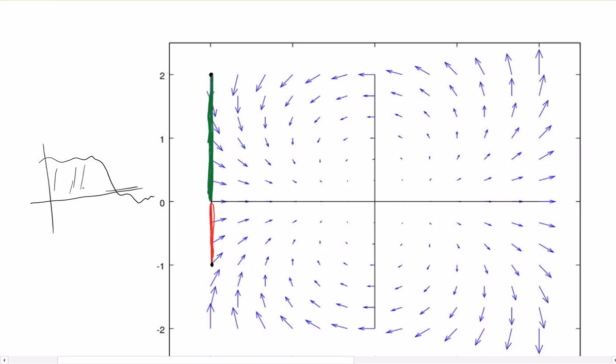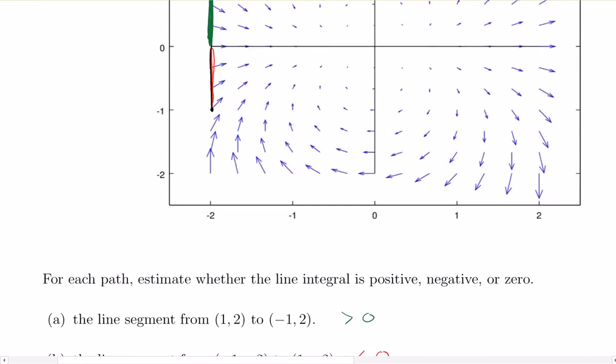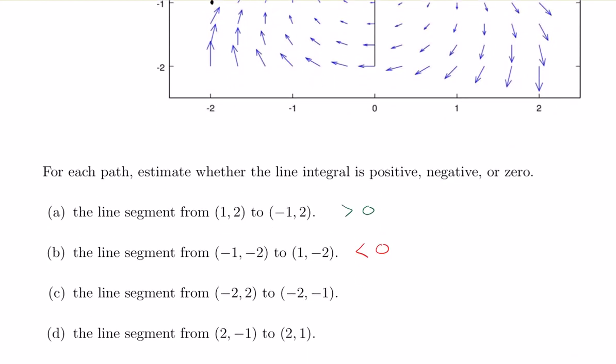If you integrate a function that's positive for some of the time and negative for some of the time, the areas cancel out, but there's more positive area than there is negative. So in the end, the positive part wins out. The negative part cancels out some of the positive, but not all of it.